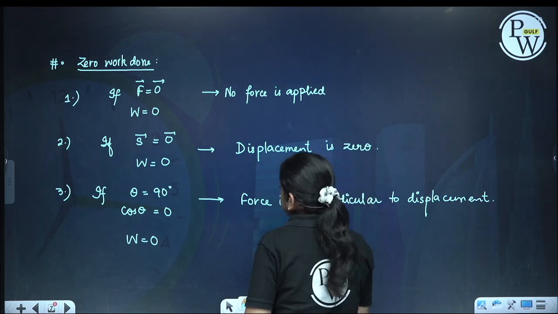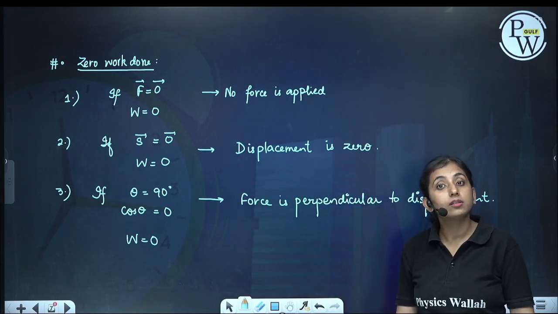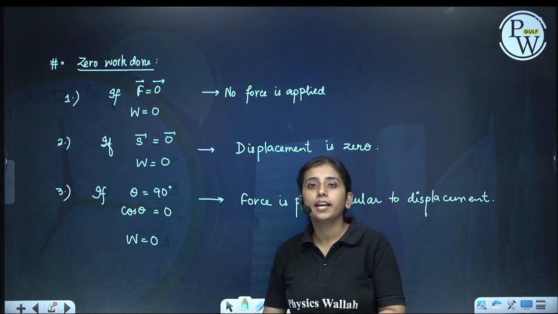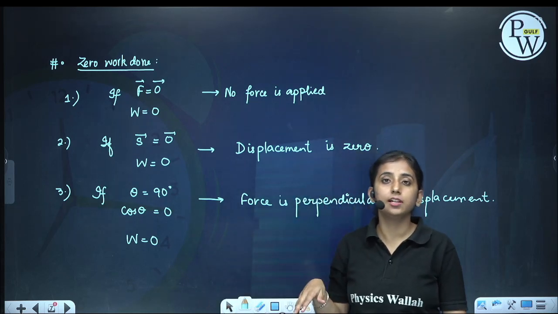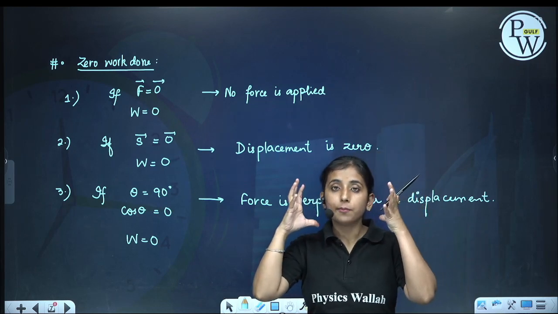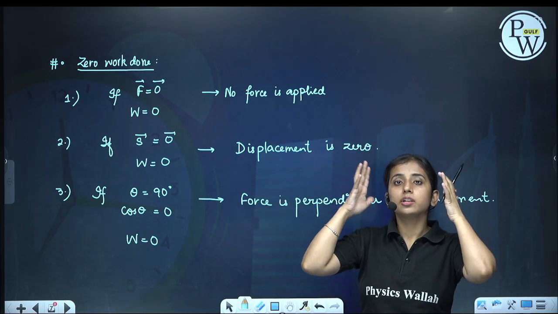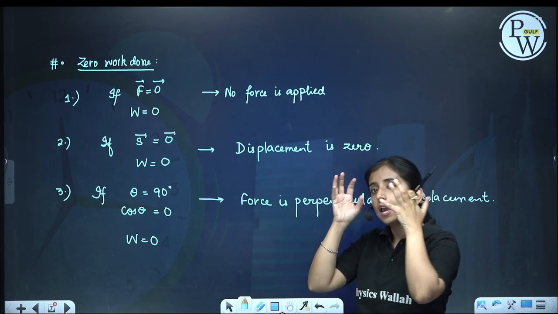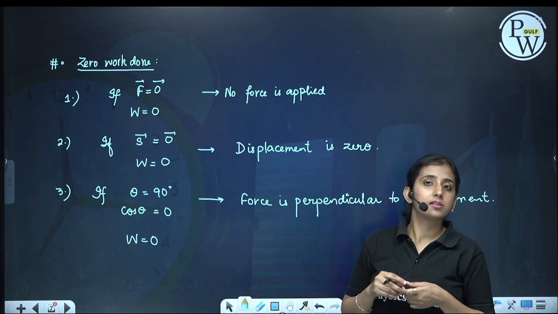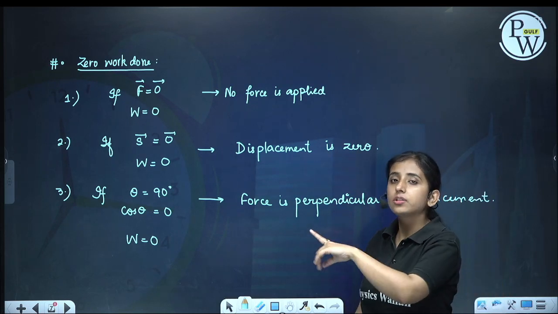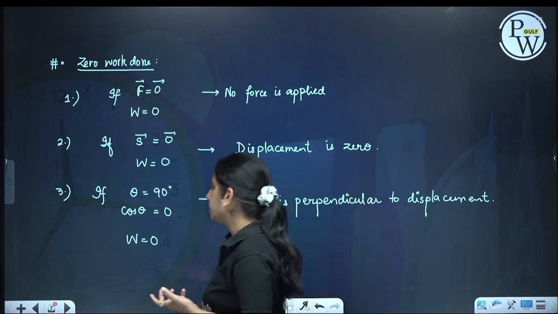Work done by centripetal force will always be 0. Work done by tension in a pendulum will be 0. If you lift some object on your head and start moving horizontally, then also work done will be 0. Object is moving horizontally, work done by mg will be 0. There are so many examples of this third case.